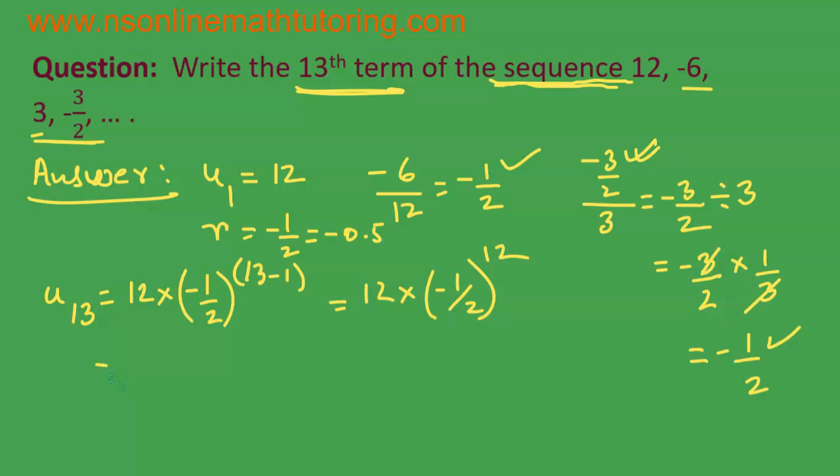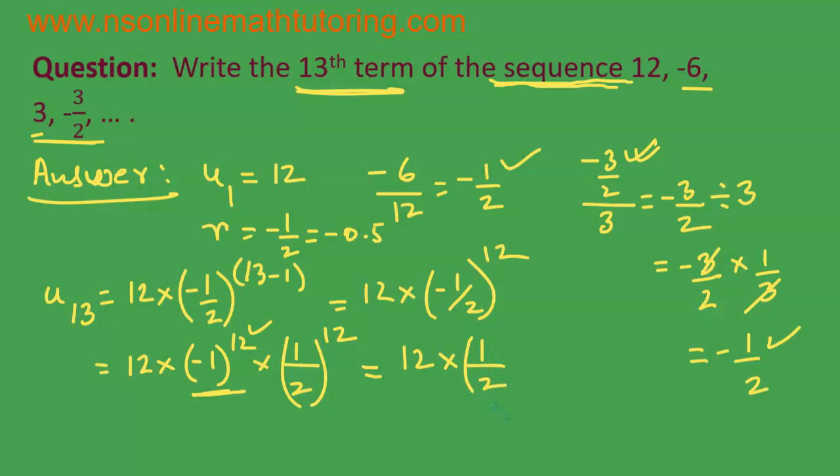So this can be written as 12 times negative 1 to the power of 12 times half to the power of 12. Okay, I've just taken out that negative sign so that no confusion arises. And negative 1 raised to the power of an even number will be giving us a positive 1. Okay, so basically this is equal to 12 times 1 over 2 whole raised to the power of 12.